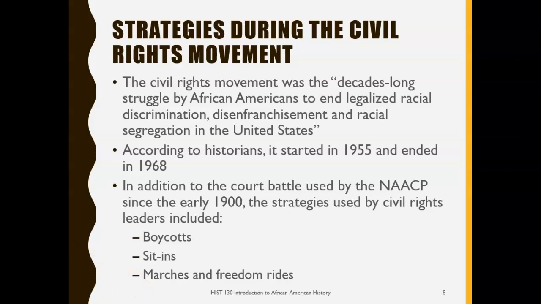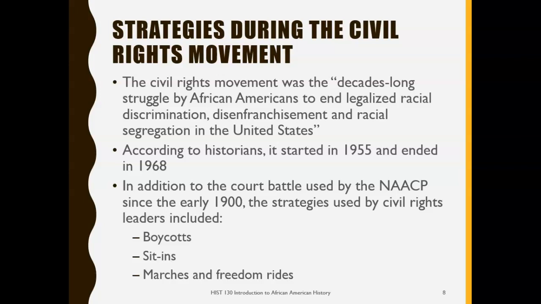Before reviewing the strategies used by the civil rights leaders to fight racial segregation, discrimination, and disfranchisement, let's define what the civil rights movement was all about. So the definition that we have of this term civil rights is that it was the long decades struggle by African Americans to end legalized racial discrimination, disfranchisement, and racial segregation in the United States.